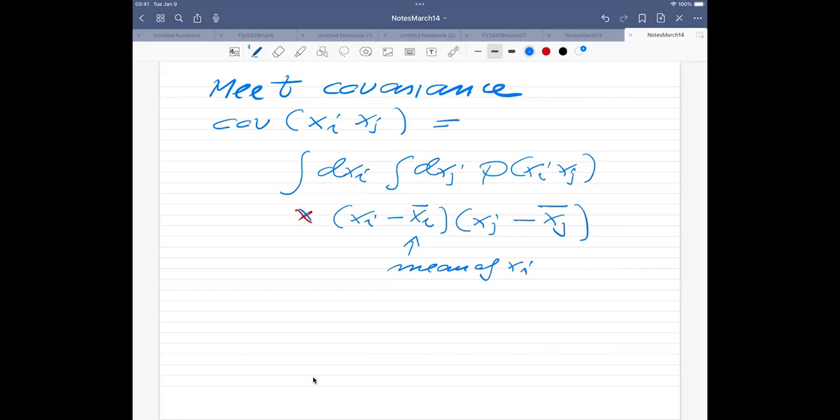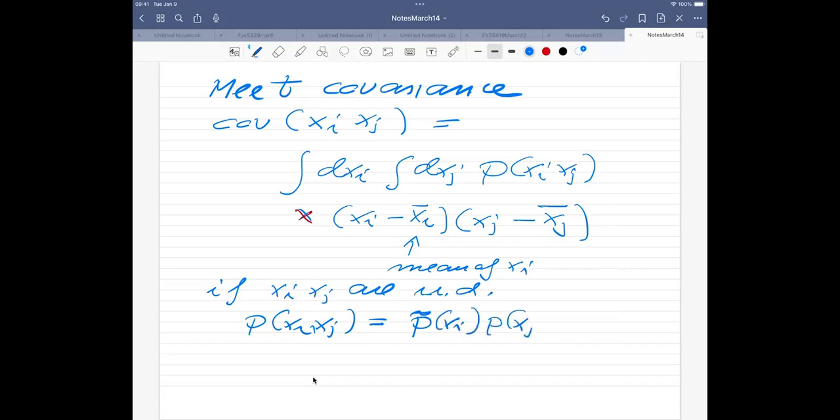Now, if x_i and x_j are independent and identically distributed, what happens then is that this P of x_i, x_j is equal to the product of the same probabilities, P of x_i times P of x_j. And in addition, the average value of x_i is equal to that of x_j, and I'm just going to write this as x bar.